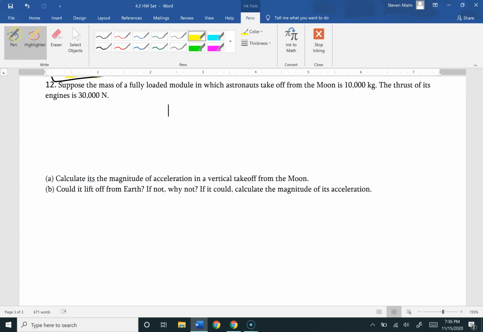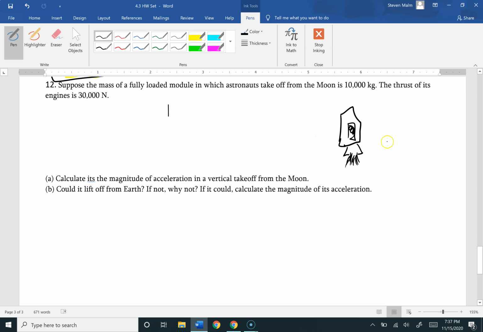So it gives us some information about a module in which astronauts are taking off from the moon. They're going to go up in a giant crane. They're going to take off, which means that their rocket has some thrust. The thrust of our engines is going to point opposite of the gravitational pull.